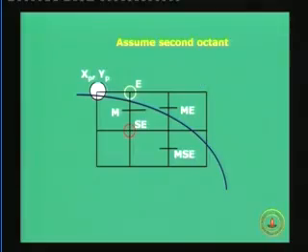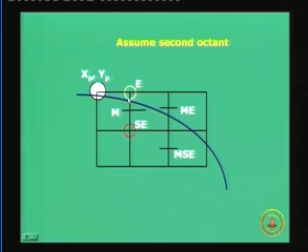So, let us see what is happening in the second octant. As before, we are also going to apply blindly the Bresenham's midpoint criteria for the case of a circle. So, it means the following: if you are working on the second octant and xp, yp is the point of the current iteration which has been selected at the previous stage of iteration, the next point can only be one out of east or southeast depending upon where the line passes.